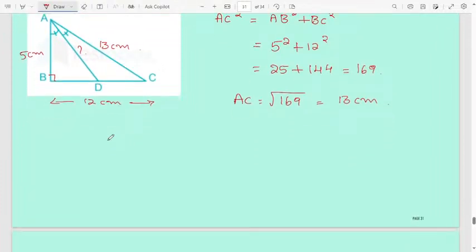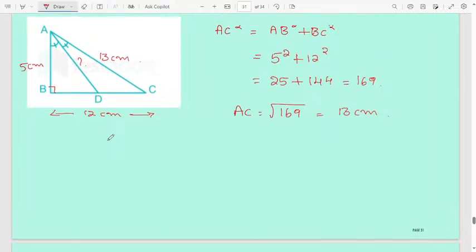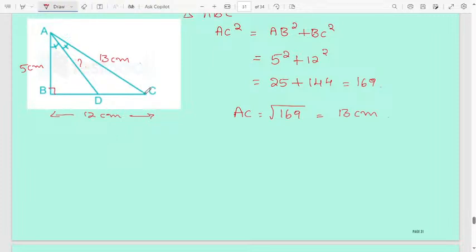Now if AD is the bisector of angle BAC, see here, I will write in full, then you will understand.